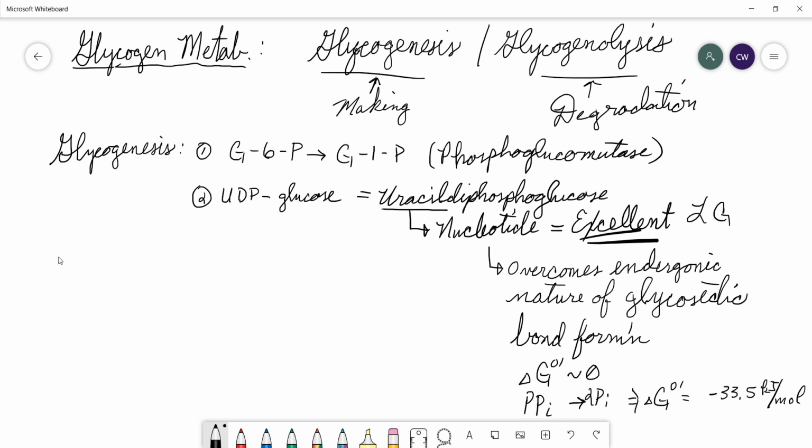So that is our last reaction. And there's 2 enzymes involved in this. First, there is glycogen synthetase.